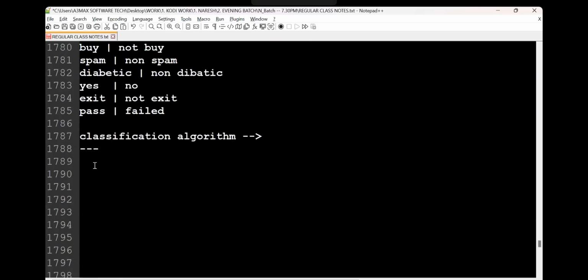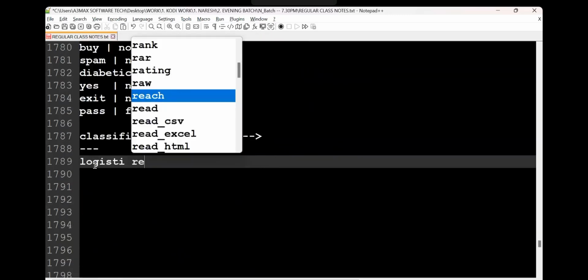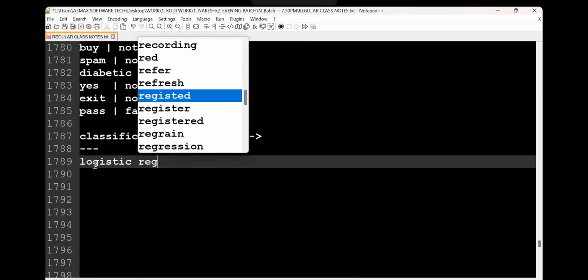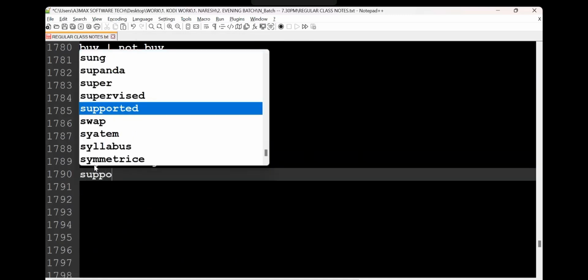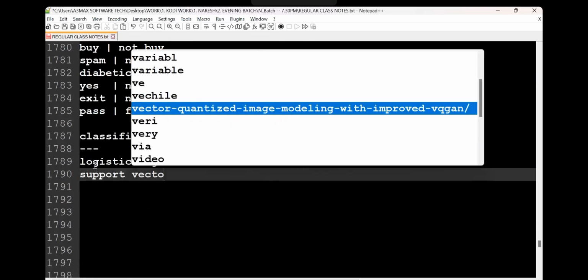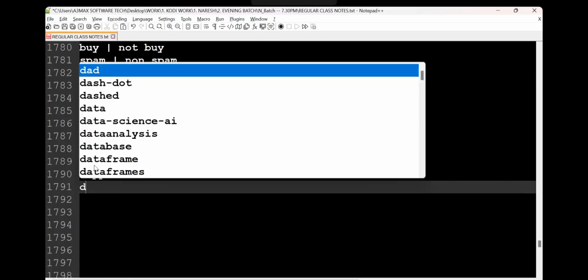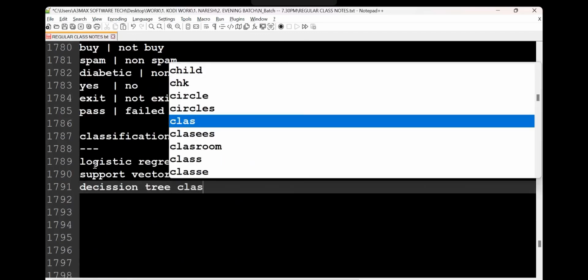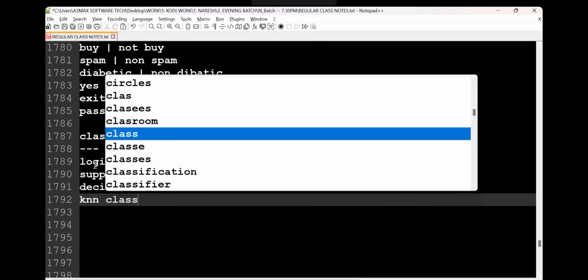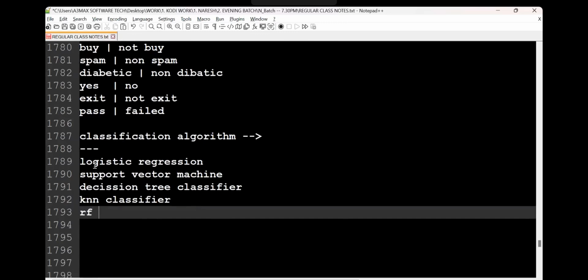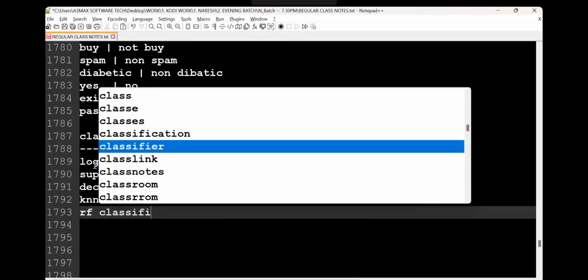What are classification algorithms? Logistic regression. Support vector machines and decision tree classifier. KNN classifier. Random forest classifier.